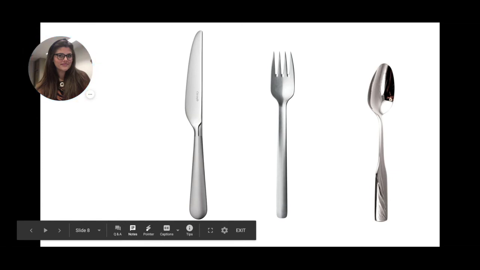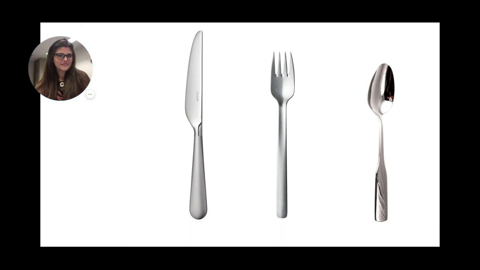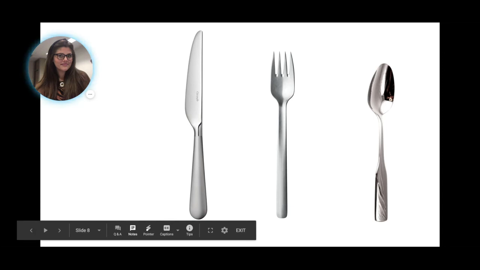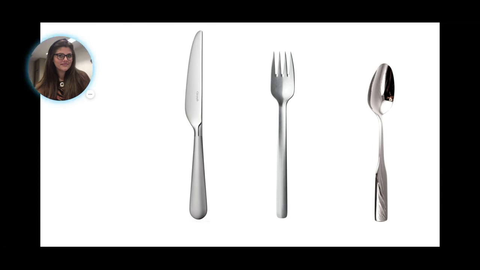What do you think? No, that's right. Like we just said, we have to start from the object's very base when we're measuring its height. Good job.